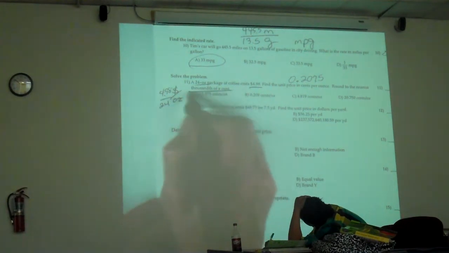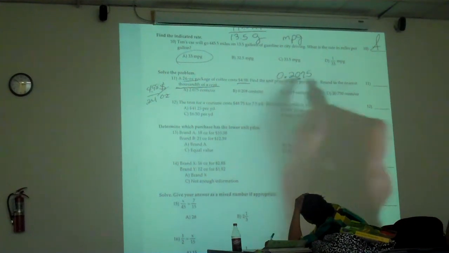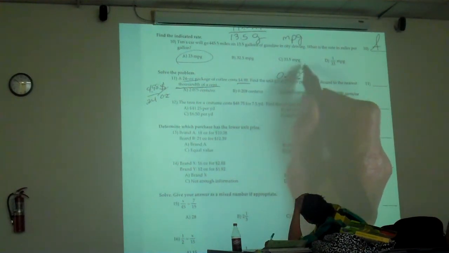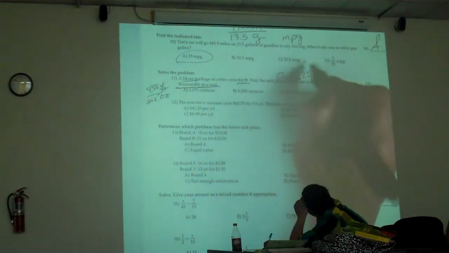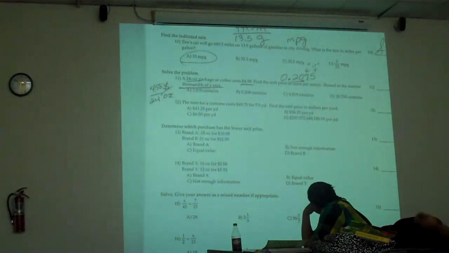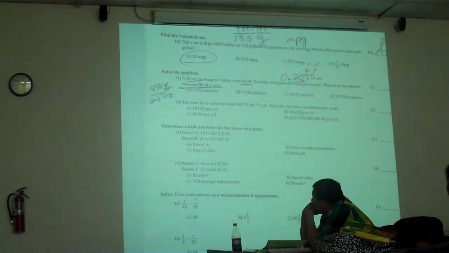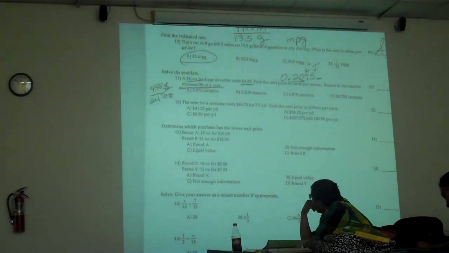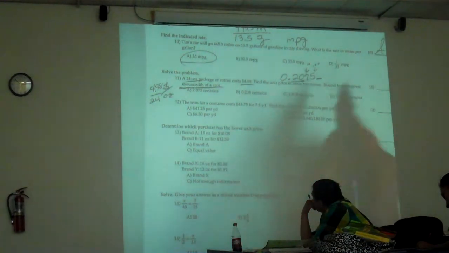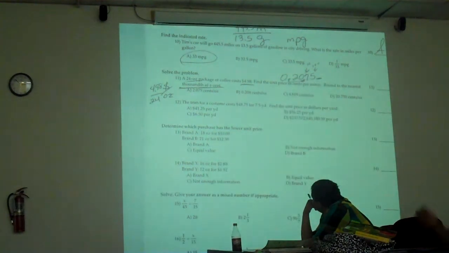thousandth of a cent. This is your cent, okay? This is 20 cents. This would be tenth of a cent, hundredth of a cent, so you really don't need to round, because the thousandth of a cent would be right there. So it'd be 20 cents, 0.75.